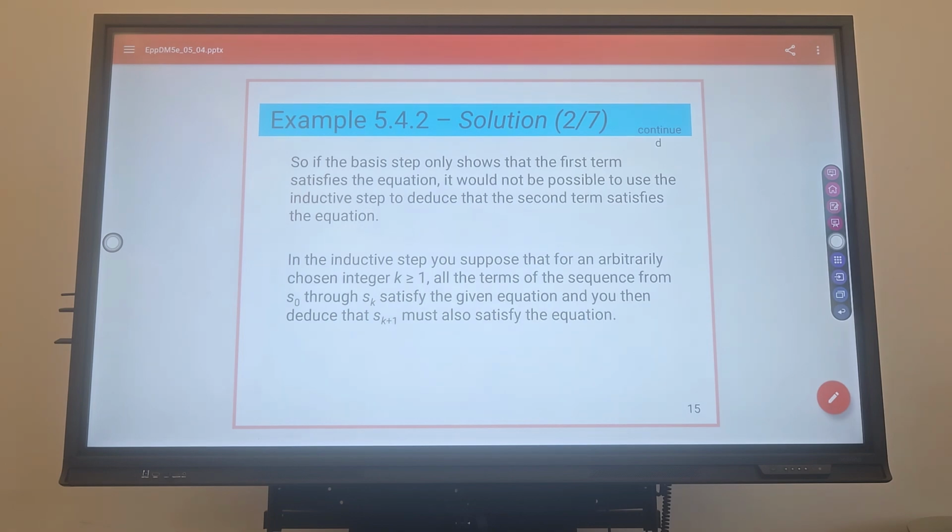In the inductive step, you suppose that for any arbitrarily chosen integer k greater than or equal to 1, all the terms of the sequence from S sub 0 through S sub k satisfy the given equation, and then deduce that S sub k plus 1 must also satisfy the equation.